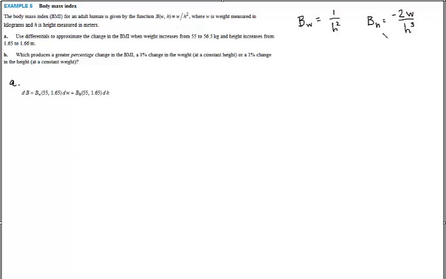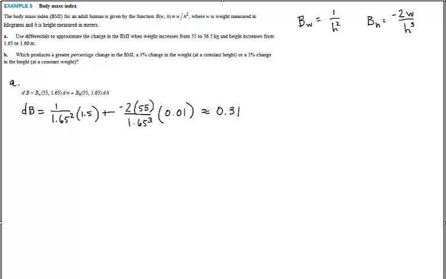Alright, so what I've done is I've gone ahead and gotten those partials, and the B is going to equal, I'm going to evaluate at that point, so W is the first one, H is the next one, so this is going to be 1 over 1.65 quantity squared. How does my H change? My H goes from the 55 to the 56.15, so that's an increase of 1.5, so this will be multiplied by 1.5, and I'm going to finish this up for you.